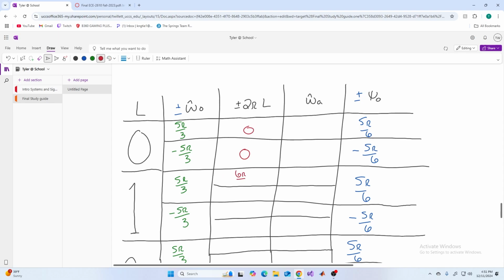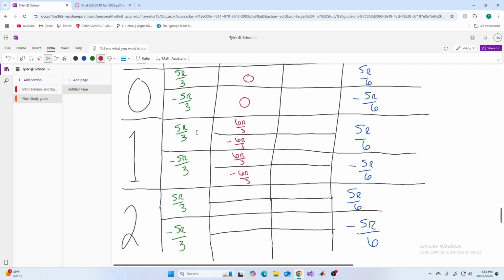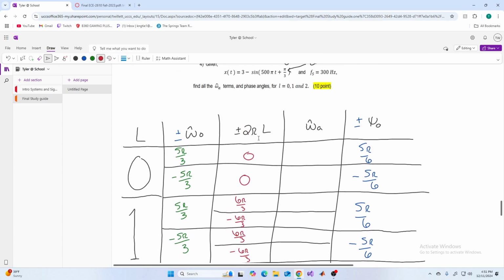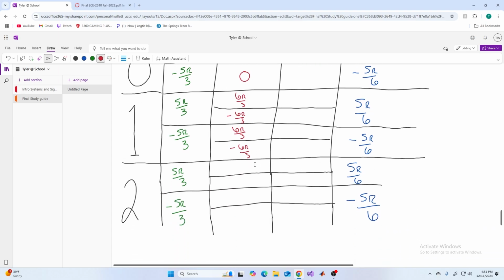So this is 6 pi divided by 3, negative 6 pi divided by 3, 6 pi divided by 3, negative 6 pi divided by 3. The next one's 4 pi, because 2 times 2 pi is 4 pi. We need a common denominator, so we're going to have 12 pi divided by 3, negative 12 pi divided by 3, 12 pi divided by 3, negative 12 pi divided by 3.